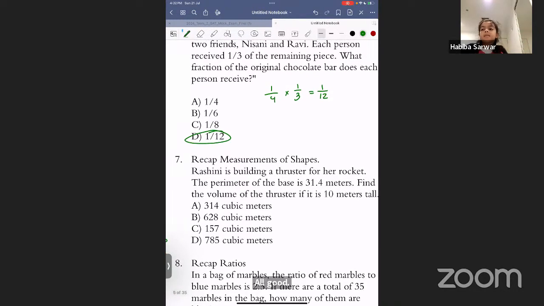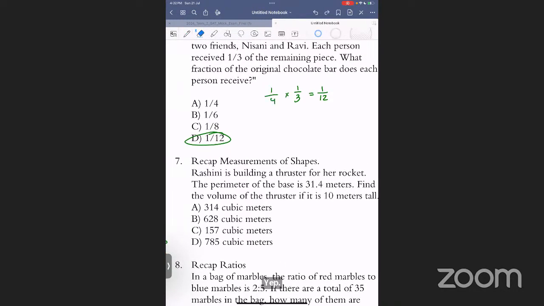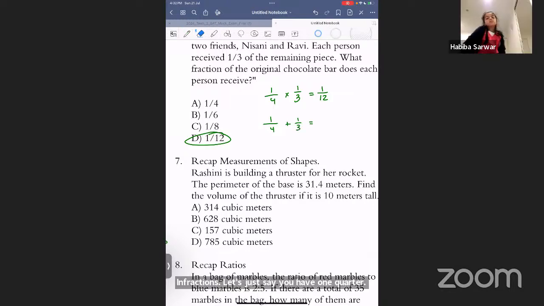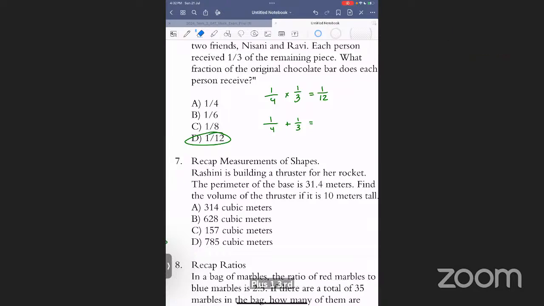Yep. The main things I want to recap in fractions, just to refresh your memory. Actually, what I'll do is I'll rearrange this just to make it easier for you guys to follow. In fractions, if you have 1 over 3 plus 1 over 4, you can't just do 2 over 7.